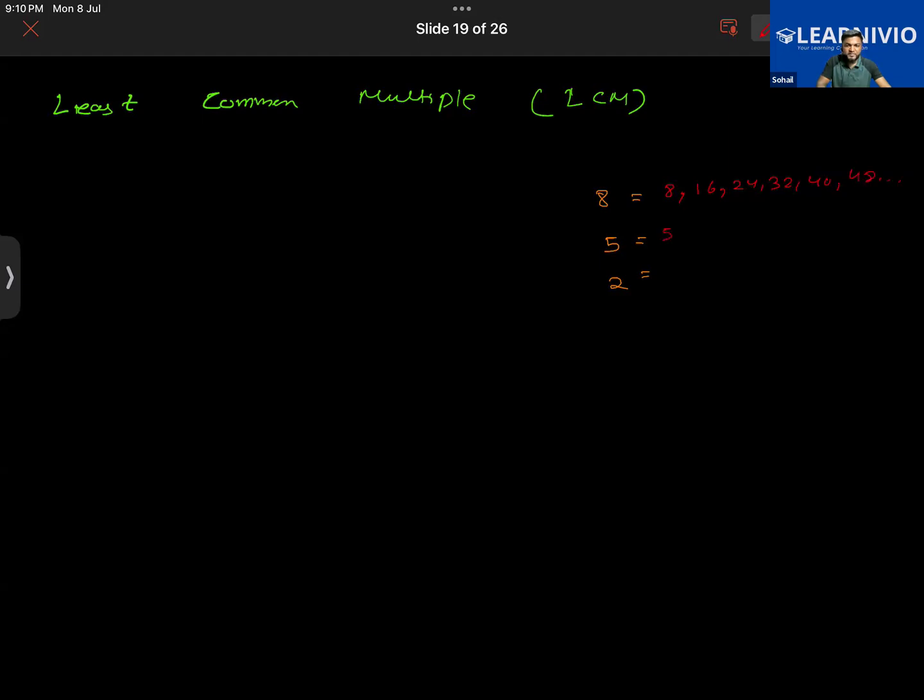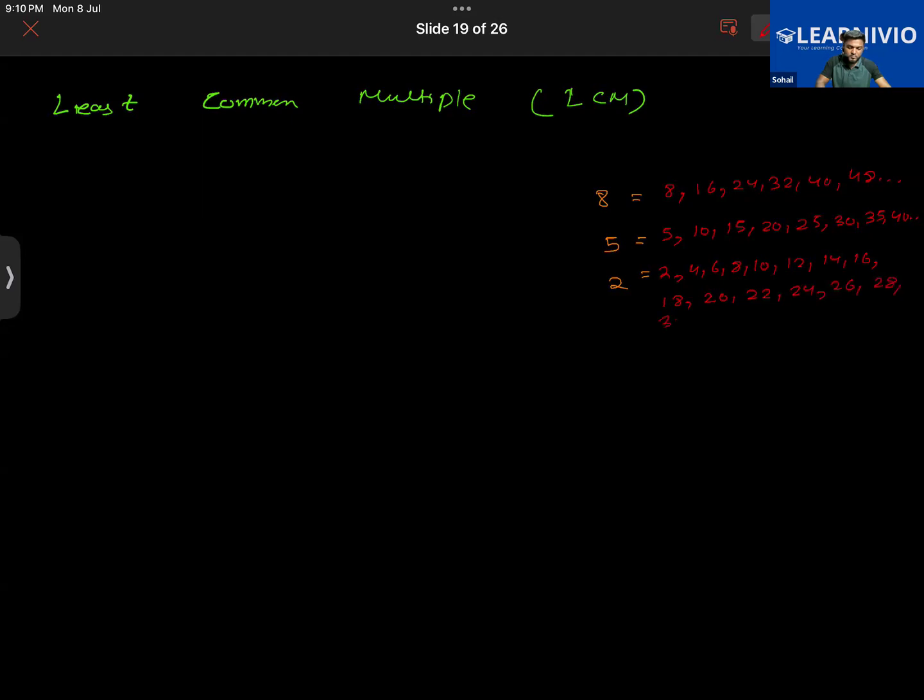Multiples of 5 are 5, 10, 15, 20, 25, 30, 35, 40, like this, right? Then multiples of 2 will be 2, 4, 6, 8, 10, 12. Question? Not a question, just look at it. What is the question?